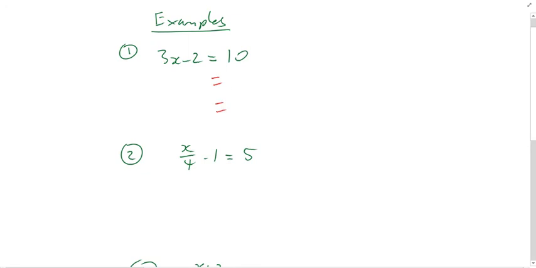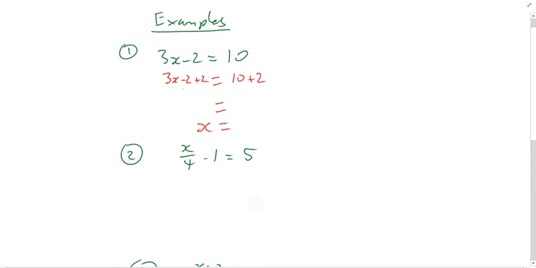So these are two-step equations, and in the same way, I'm trying to see what x is going to be in the end. So what's happened to x? It's been times by 3 and then minus by 2. So I need to undo that. The first thing I'm going to do is get rid of that minus 2, and I might do this the long way to start with. So 3x minus 2, to get rid of that minus 2, I'm going to plus 2, so I have to plus it to this side too.